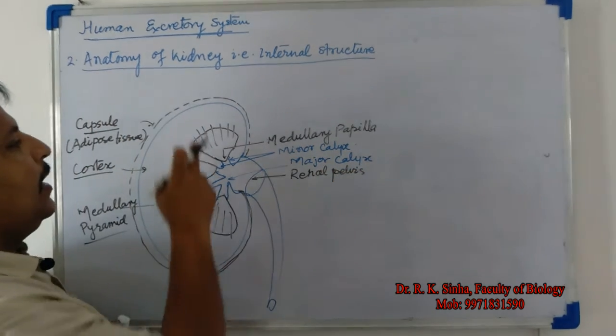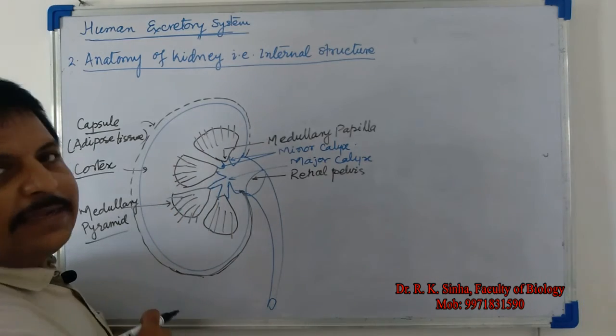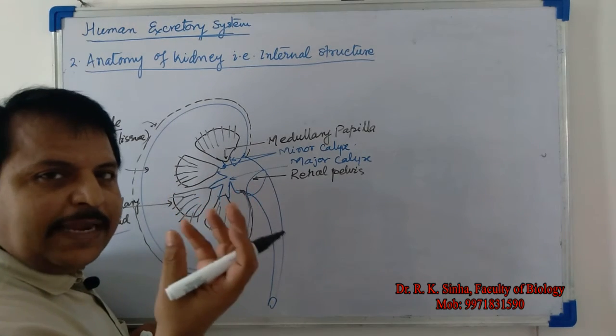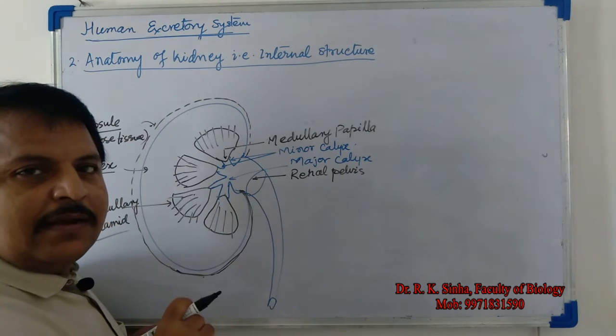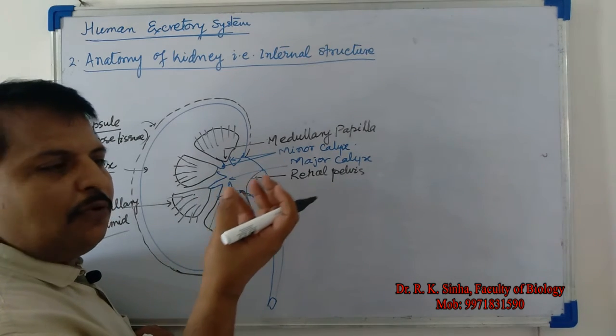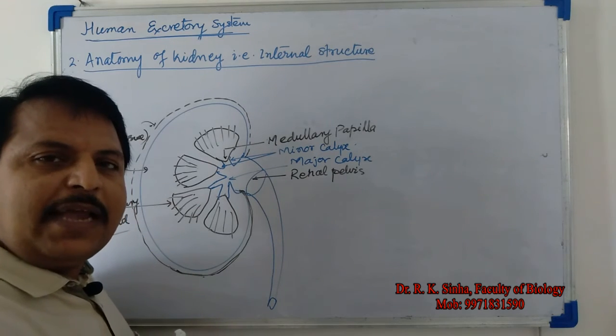So here what will be in this region? In the cortex region, the Bowman's capsule will be located, over which the capillaries will bring the blood. So Bowman's capsule contains a highly convoluted knot-like structure of blood capillaries.